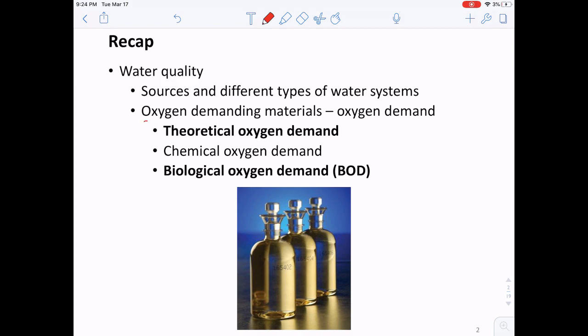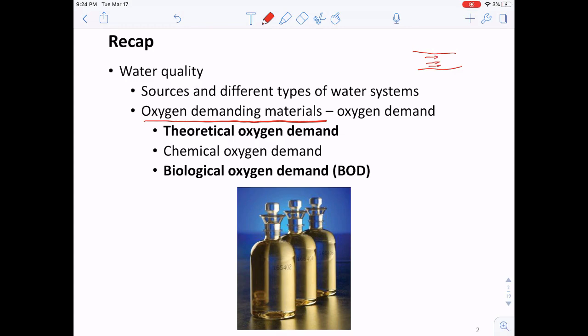In terms of river water, people are very interested in the oxygen demanding materials. Basically, these are the organics that require oxygen to get oxidized.